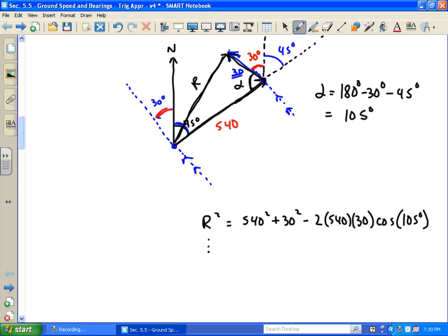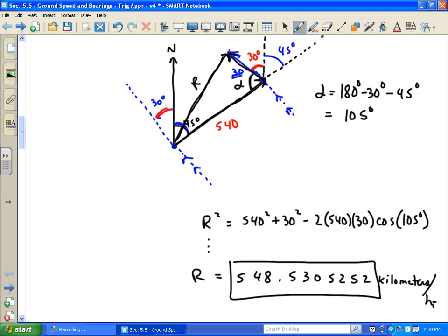I'm going to skip a little bit of work. R ends up equaling 548.5305252, and this would be kilometers per hour. Now R is representing the ground speed.